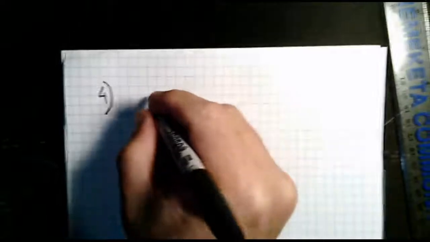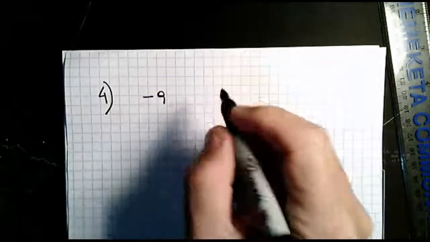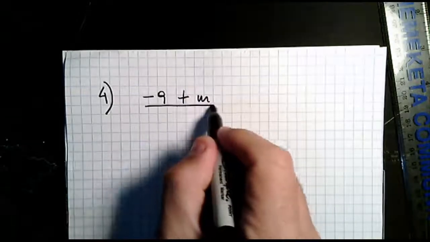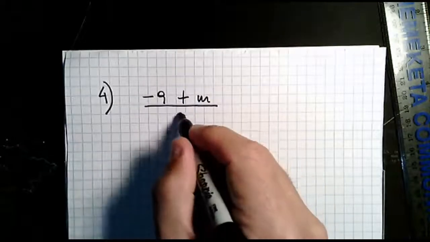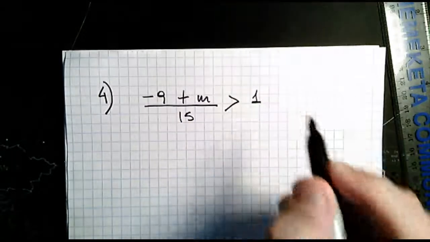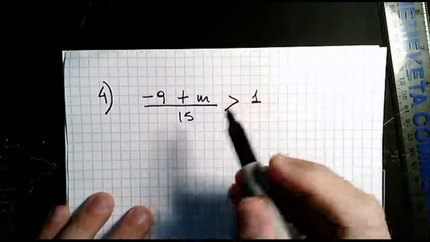I have negative 9 plus m, any letter, divided by 15 is greater than 1. So I need to find all the values that are going to satisfy this inequality.